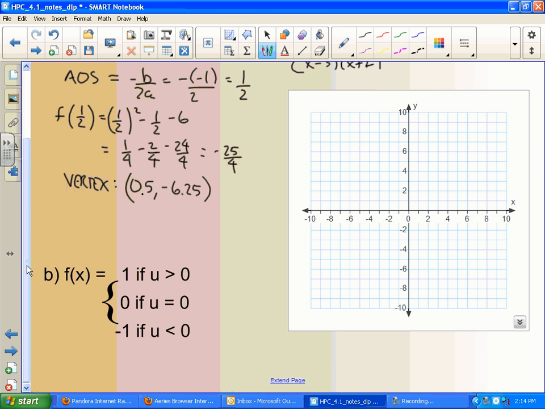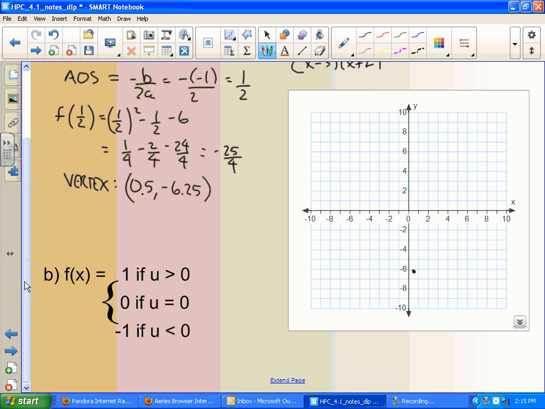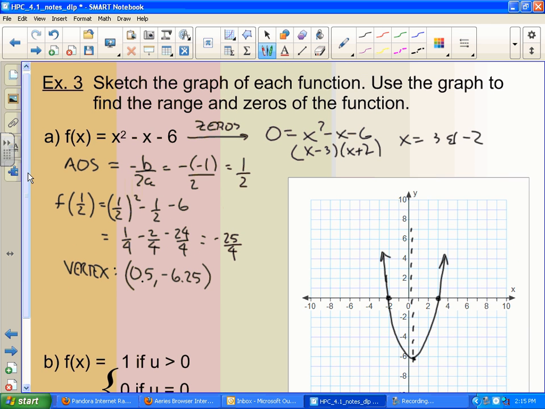To the right, down 6.25, that's good. And then what am I crossing at? 3 and negative 2. So my axis of symmetry, there it is, right down the middle. My parabola is looking something like that. It didn't ask for domain, but it would be all reals for this.